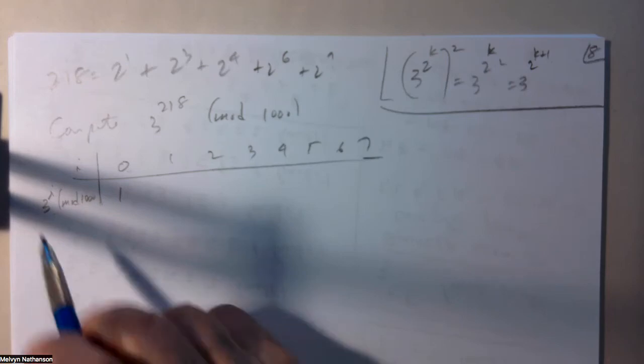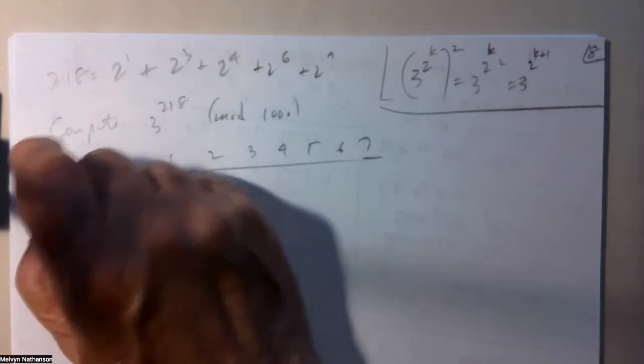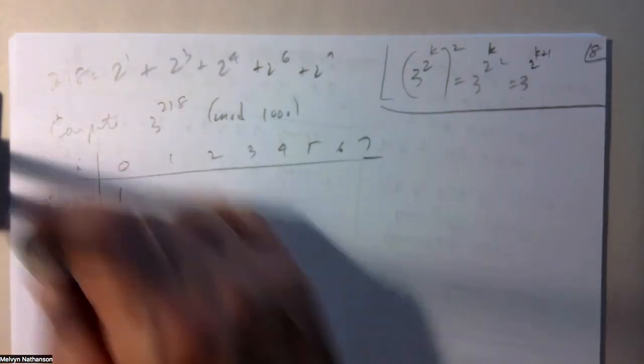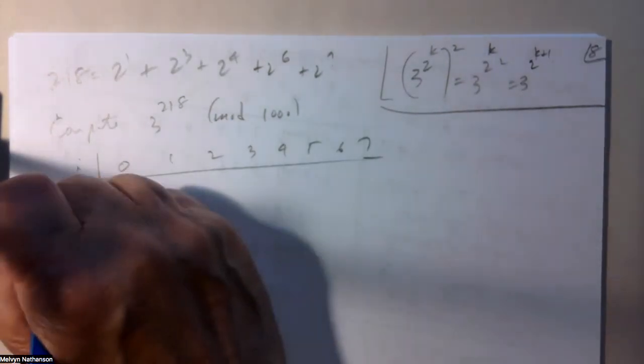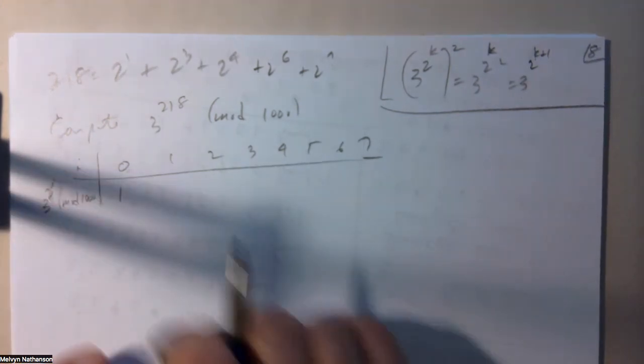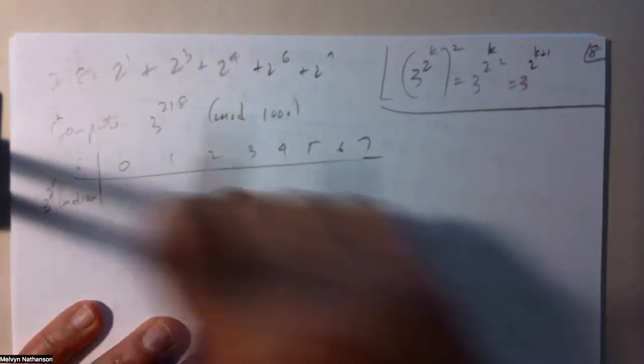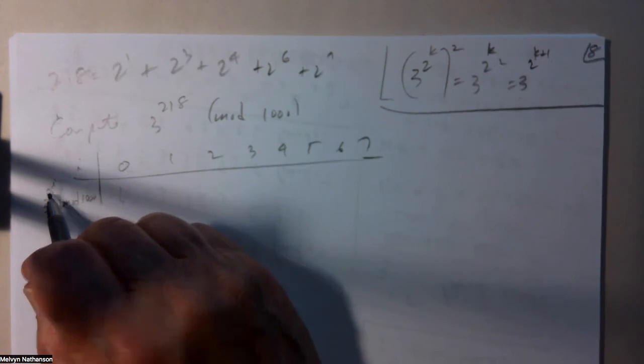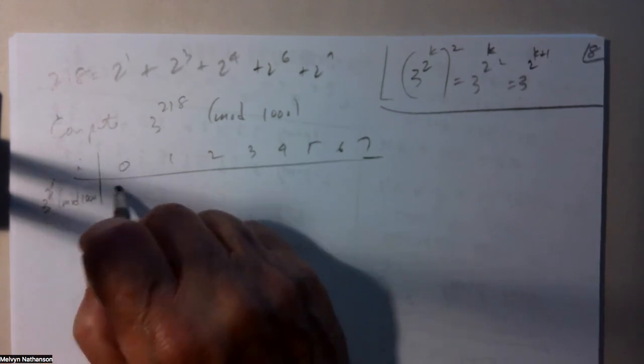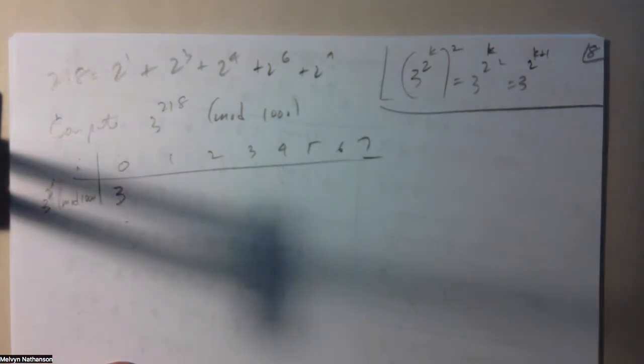Sorry, this is going to be 3 to the power 2 to the i. So 2 to the 0 is 1. 3 to the first power is 3.